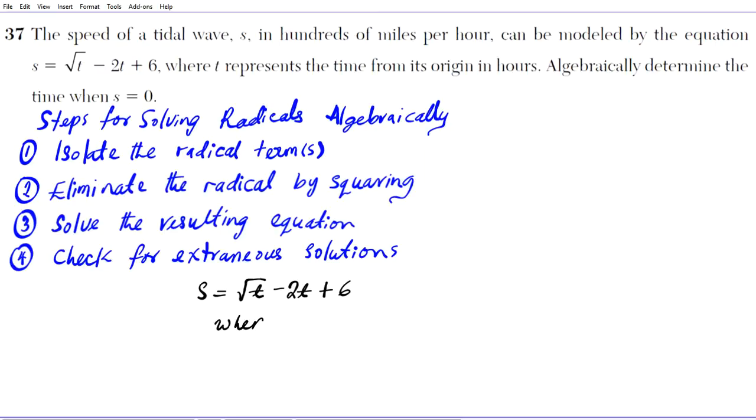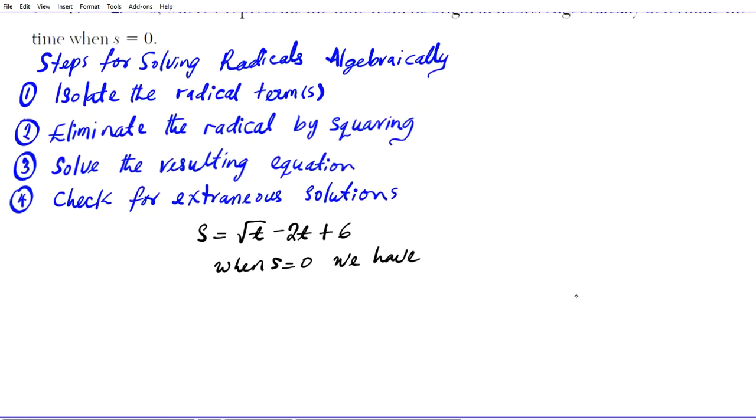So when s is equal to 0, we have the following radical equation: 0 equals the square root of t minus 2t plus 6. Now let's go ahead and do the steps. Step number 1 is to isolate the radical.